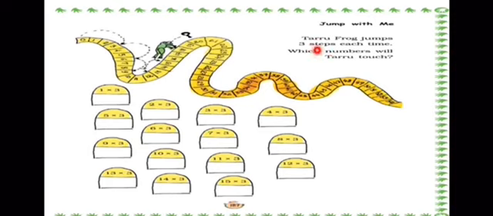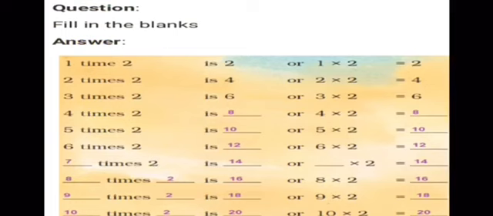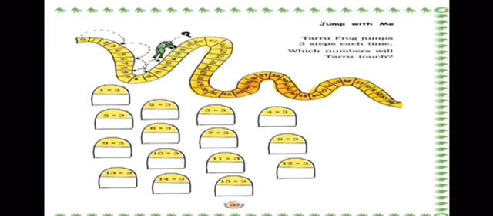Now Taru the frog jumps 3 steps each time. Which number will Taru touch? So now here the table of 3 is given to you and you are supposed to write the answers. For example, Taru was at 1 and he jumped 3 steps ahead. So 3 1s are 3. So you need to write 3 over here.